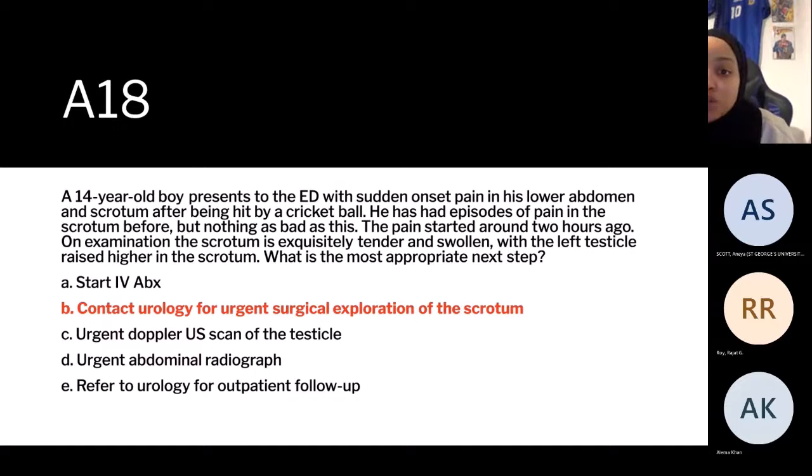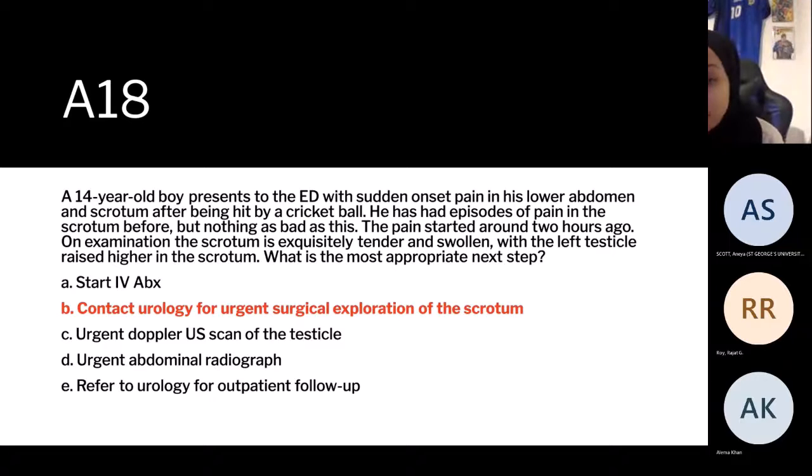If on examination the scrotum is very tender and swollen, then almost always you want to take them to surgery to do an exploration of the scrotum, because it's more likely, especially in this age group, and especially because they've just had an injury with the cricket ball being hit on the scrotum.